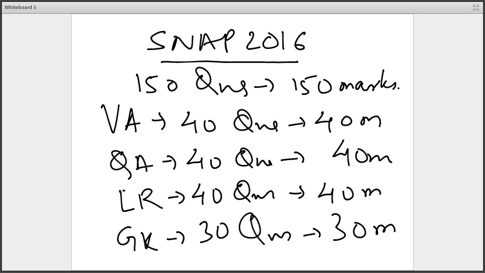SIBM Pune would be 97.5 approximately, and this SIBM Pune cutoff is for the flagship course. SMHRD will be around 96.5. SIBM Bangalore will be around 85 to 86.